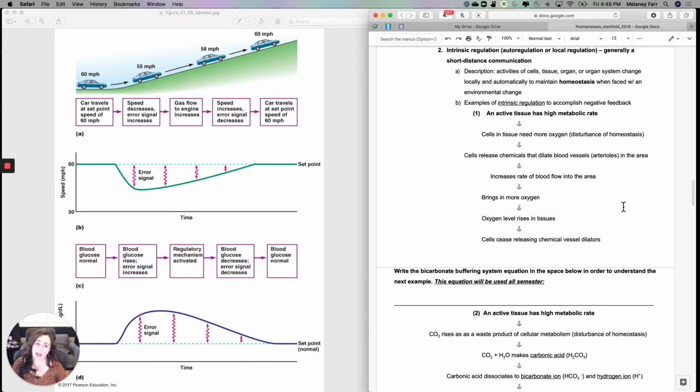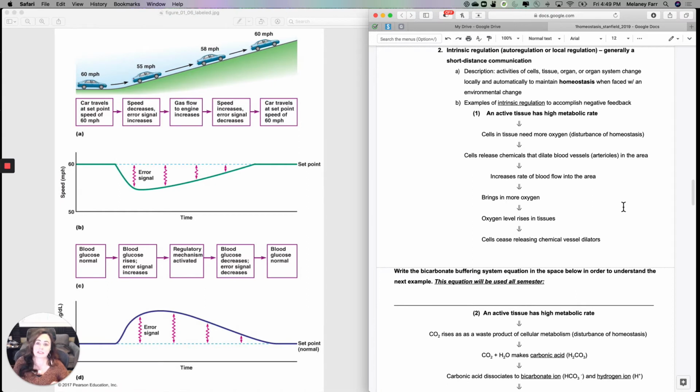And because of that, the cells in the tissue need more oxygen. That is the disturbance of homeostasis: the oxygen level is too low. The activity level is really high, you're using up oxygen, and your oxygen level drops. How can I handle this locally? I don't need to increase the heart rate because the rest of the body really isn't dealing with low levels of oxygen.